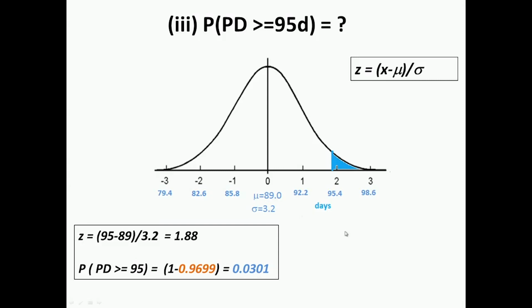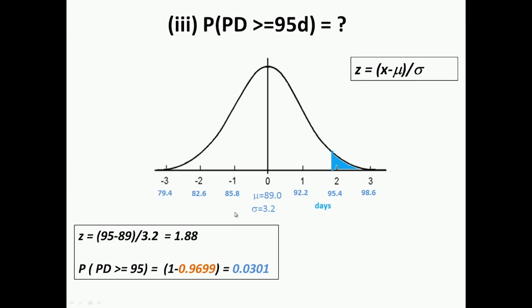So the z is actually the number of standard deviations from the mean. So here we have 95 as the value, and 89 as the mean. I am basically using the formula which says value minus mean divided by sigma is the z value, 1.88.